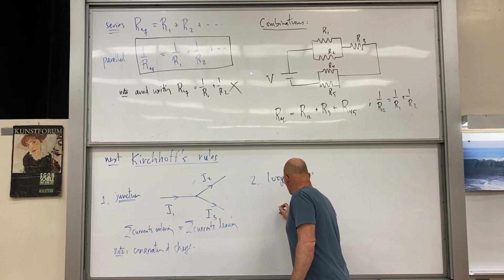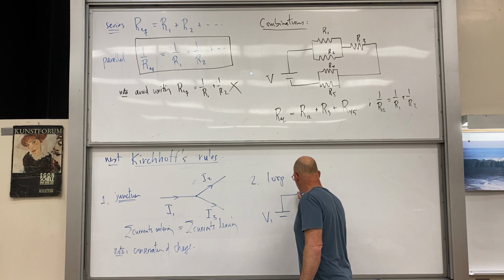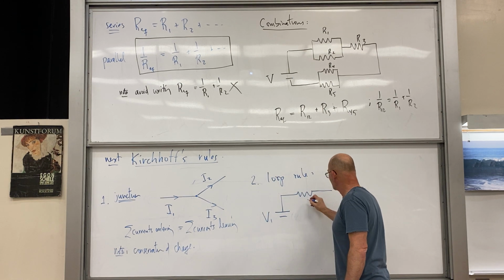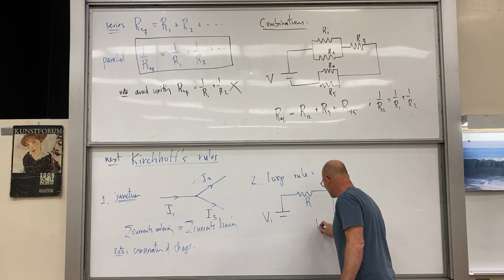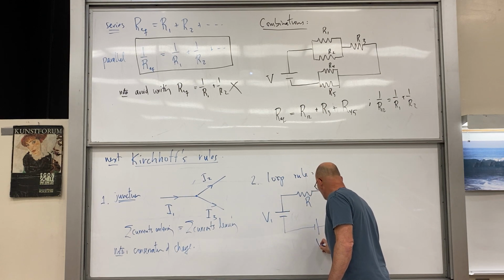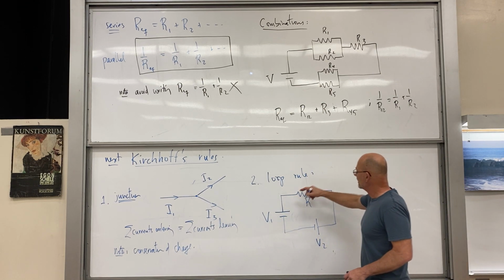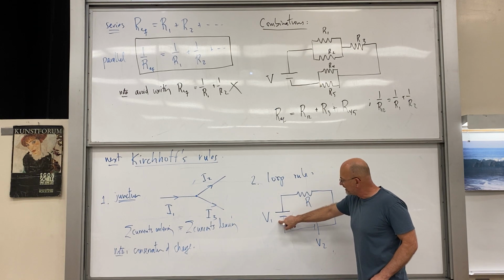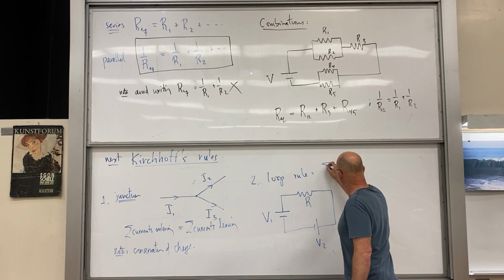Let me draw a slightly less trivial version of what we've been talking about. Say we've got V sub 1, we've got R. Let's put a second battery here, V sub 2. So the loop rule says the sum of all the potential drops is equal to 0.